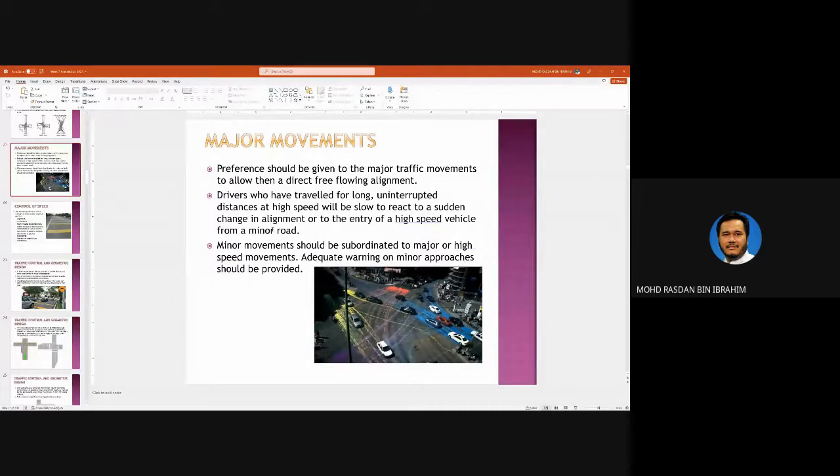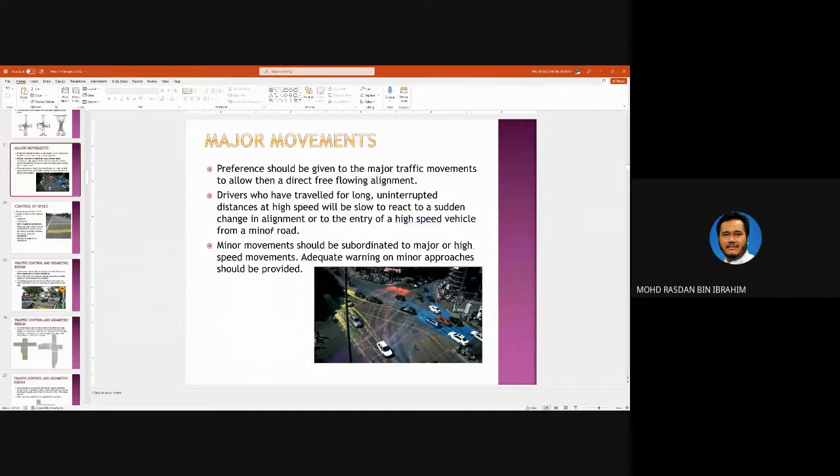Maybe in 100 meters, 200 meters, they should be made aware that they are approaching an intersection, so that their reaction time is going to be normal. Otherwise, if they are not told there is an intersection, the speed and the reaction time will be inadequate for him or her to react.